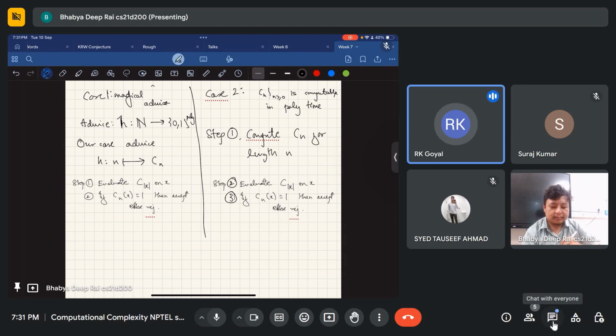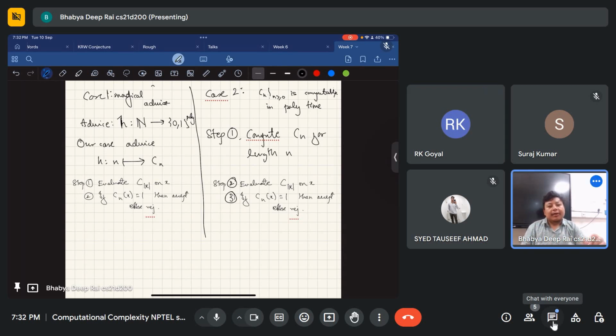I could not understand case two. So why does case two exist? Case 2 exists because it may be true that I can give you the circuit. It is possible to compute the circuit family in polynomial time. For example, I can design in polynomial time a circuit which verifies if there is at least one 1: one OR gate with wires to all inputs.